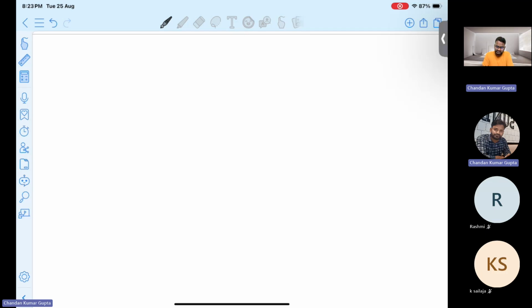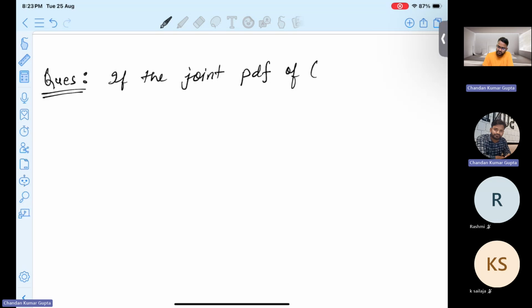Now the next question is, now we will calculate the mean, variance, kind of moments. Okay, so we are given the joint PDF of x, y. The joint probability density function of the random variables x, y is given by, we are given the question like this.